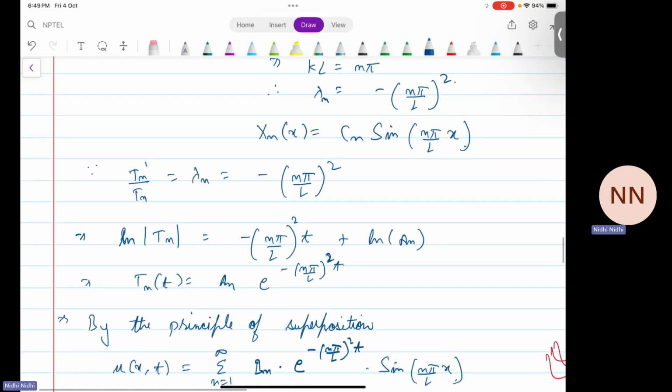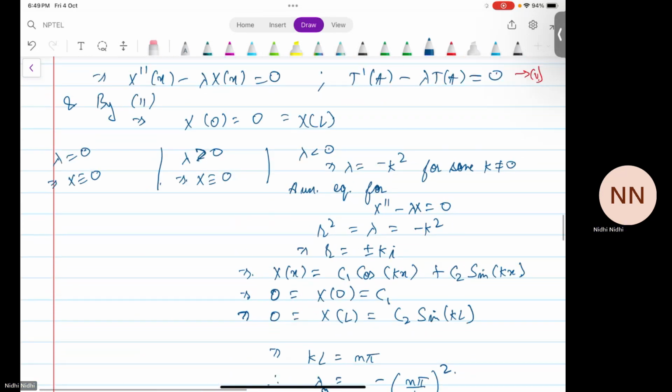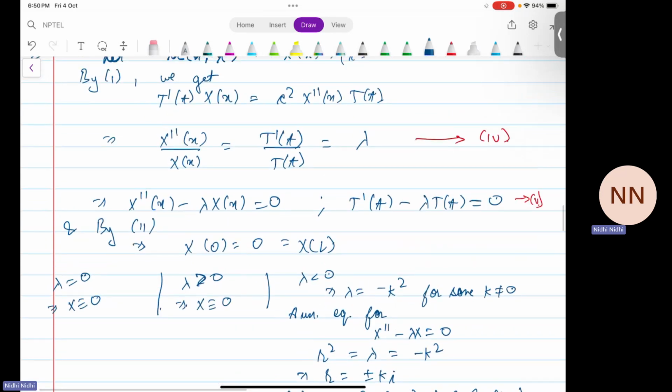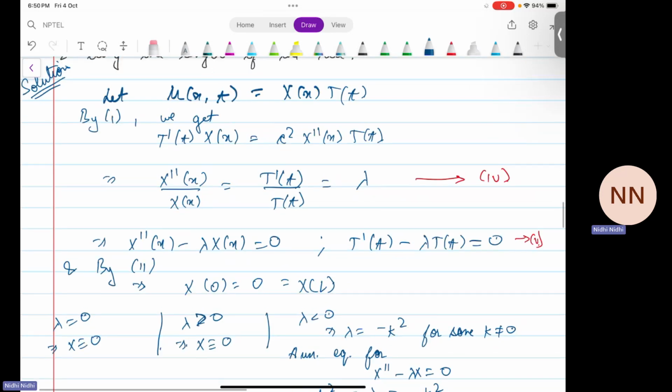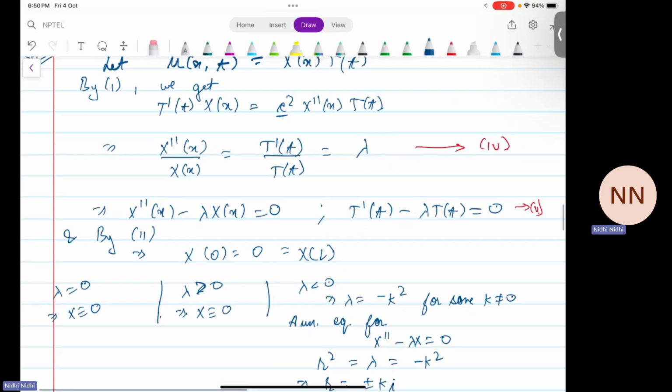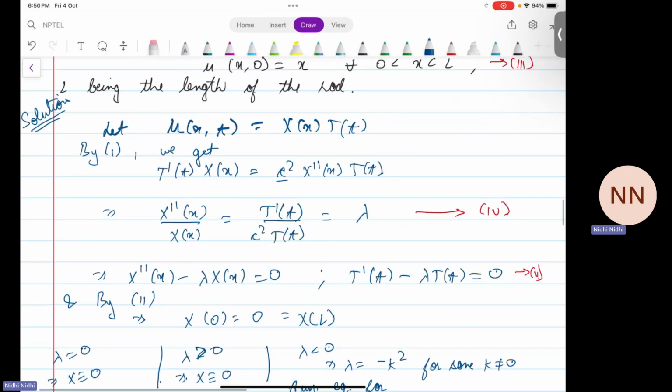Yes, here we had Tn dash by Tn equals c square times lambda n. Oh, I made this mistake in the last question. It won't affect our solution that much. It's just that we will have this c square as well. So this is from here to c square as well.